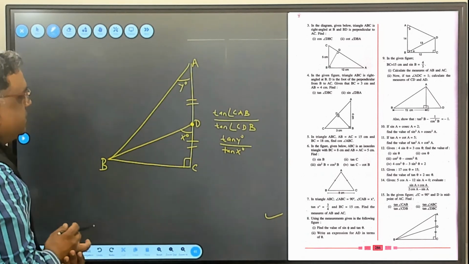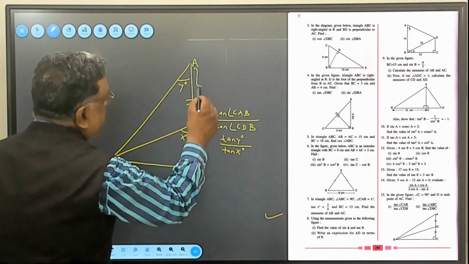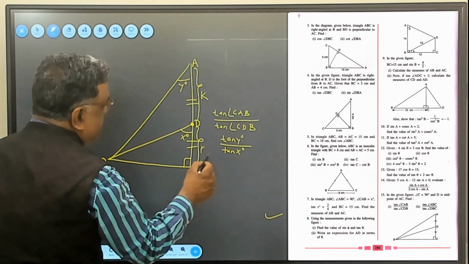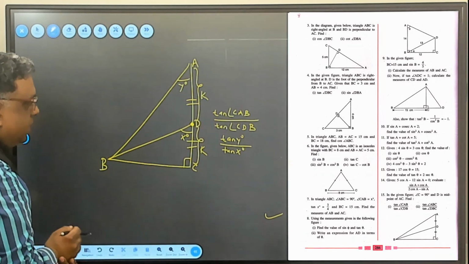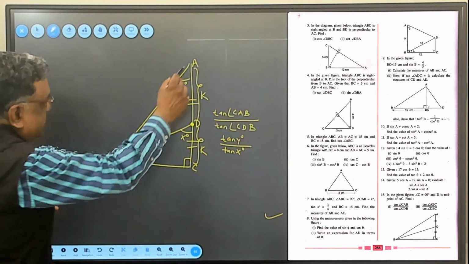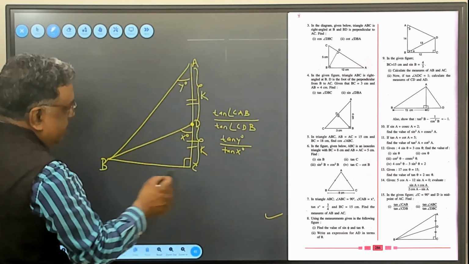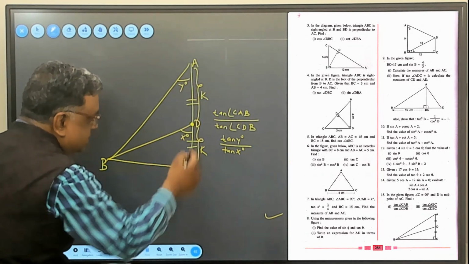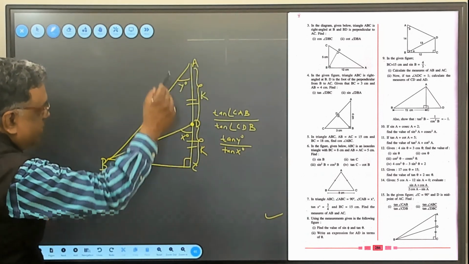So let us say this side I will take it as k. So this also I can take it as k because they both are equal. Now what is tan y in this right angle triangle ABC? Tan y is opposite upon adjacent, that is BC upon AC.